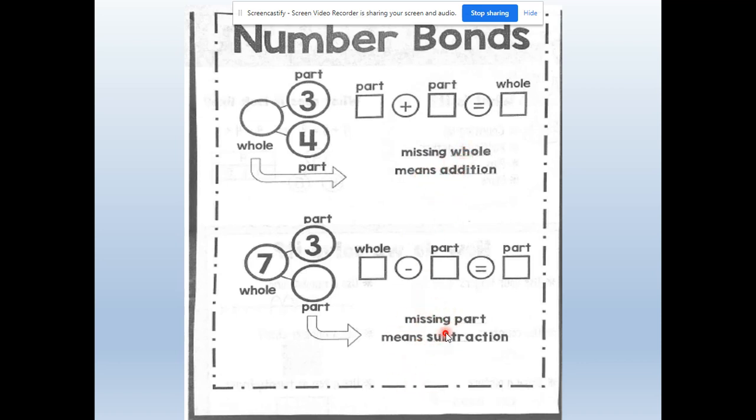And it also tells you if you're missing a part, it means subtraction. It'll show you examples of how a number bond would look for addition, how a number bond would look for subtraction, and the number sentence structure. This is just good to have next to your desk or somewhere where you can see it, and it can help remind you. It's just like the posters we would hang up in school.